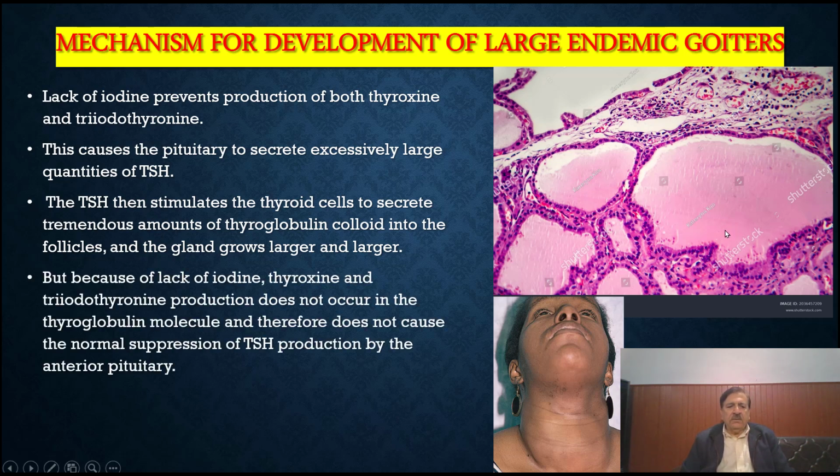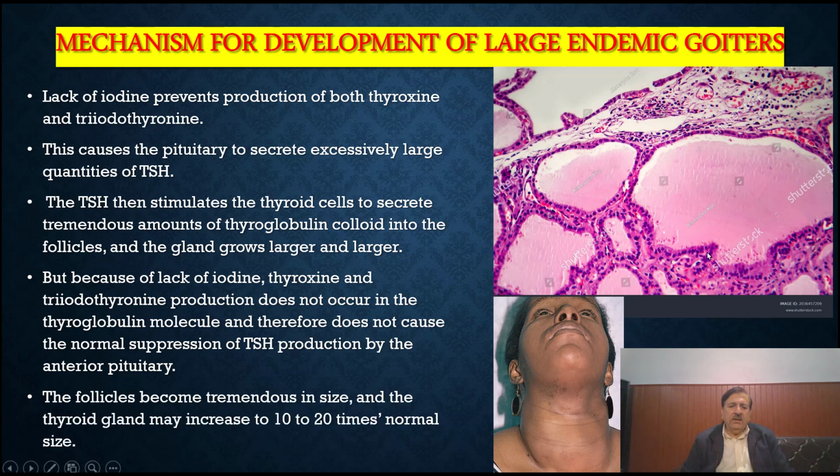But because of lack of iodine, thyroxine and triiodothyronine production does not occur in the thyroglobulin molecule and therefore does not cause the normal suppression of thyroid stimulating hormone production by the anterior pituitary. The follicles become tremendous in size and the thyroid gland may increase to 10 to 20 times normal size.